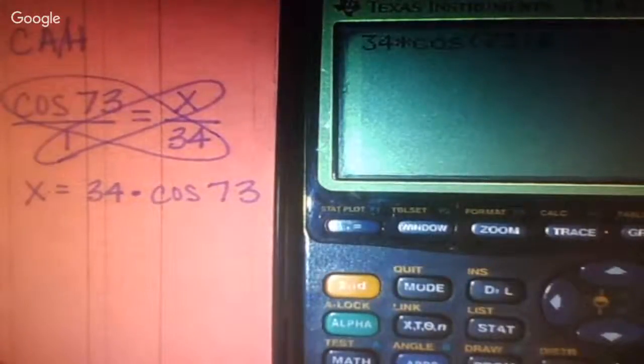You should technically close your parentheses, but this is why I emphasized, make sure it's 34 times the cosine of 73. Because you could put the 34 after, but if you forget to close those parentheses, it's taking the cosine of 7,334. It's not taking the cosine of 73. So the safest way is to put 34 in the front, and then you don't have to worry about it. And if you hit enter, 9.94, period.